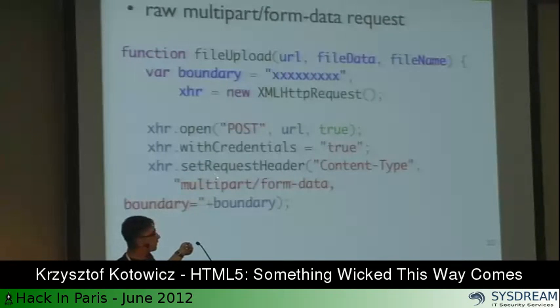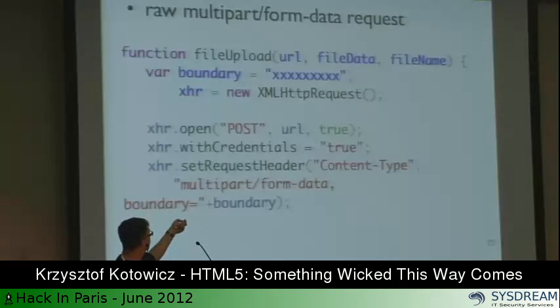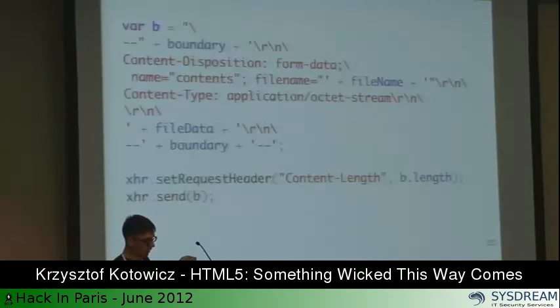So I'm setting the content type to multipart form data with a certain boundary, and I'm constructing manually the whole MIME type request. In here, there's the binary file data, which I simply pass as a parameter to this function. Of course, there's a boundary. This is the file name, and I'm sending this whole body to the target web server.